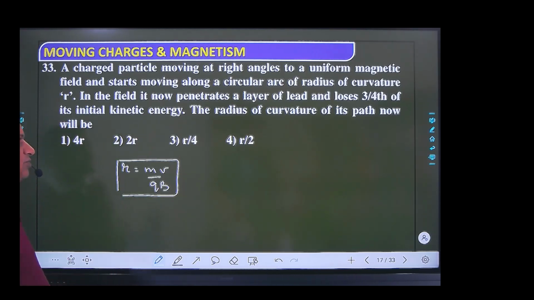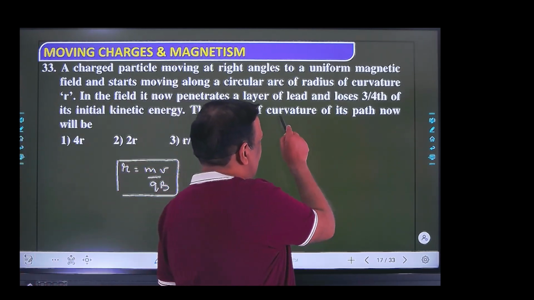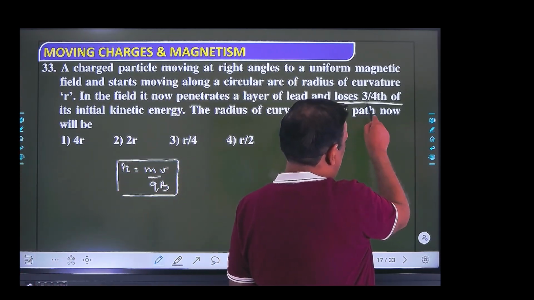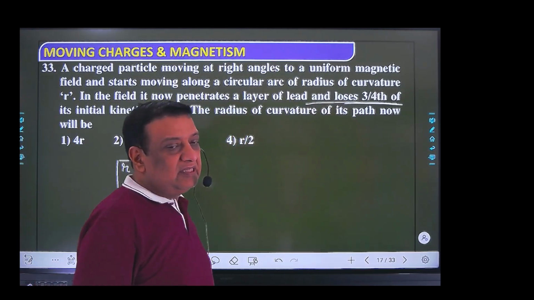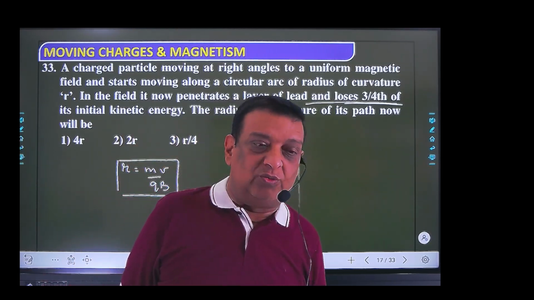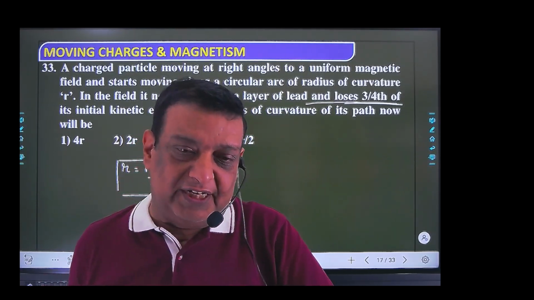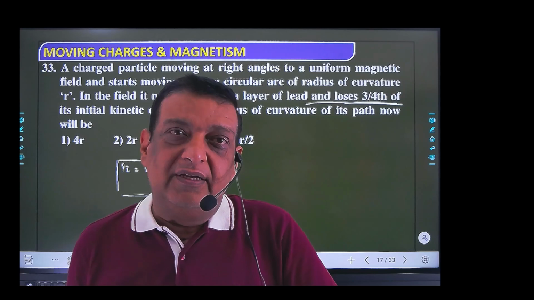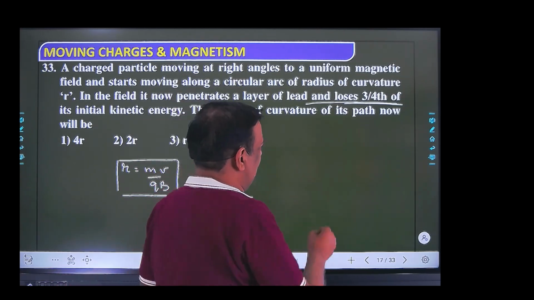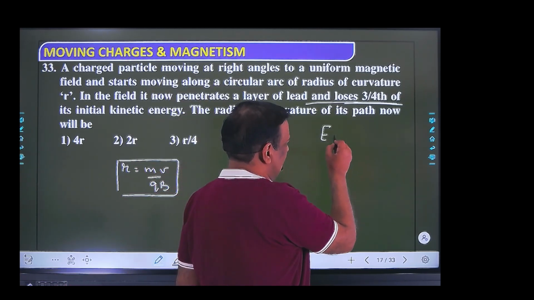हमने इसमें मास को चेंज नहीं किया, चार्ज को चेंज नहीं किया, मैग्नेटिक फील्ड को चेंज नहीं किया. We say when it penetrates a layer of lead, it loses 3/4 of its kinetic energy. That means it is left with 1/4 kinetic energy. Kinetic energy हमारे पास होती है E is half m v square.